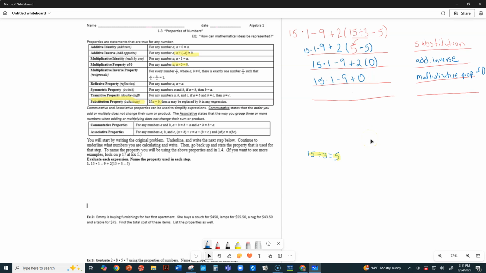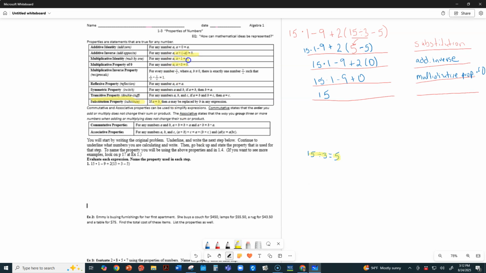Okay, so now we are going to continue with the order of operations, and it says that we are going to multiply first. Multiply before we add or subtract. So we're going to multiply 15 times 1, and we're going to get 15. Okay, and again, multiplying times 1 is its own property.